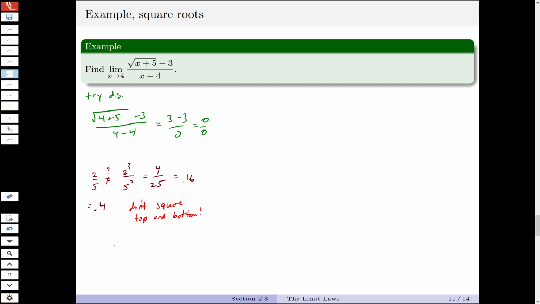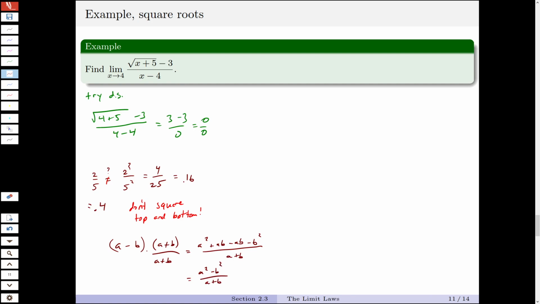If I started with a thing, the square root, I'll just call it a, and then minus something else, I'll call it b, and I want to square the a and square the b, one or the other or both, then if I multiply by a plus b on top and bottom, then if I FOIL out the numerator, a times a is a squared, then I have plus ab, negative b times a is minus ab, and the negative b times positive b is minus b squared. So I'll have a squared minus b squared.